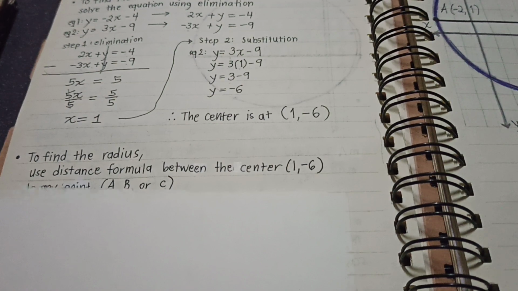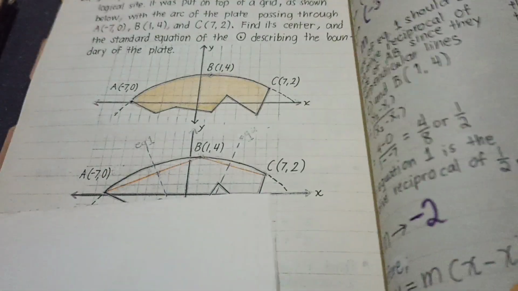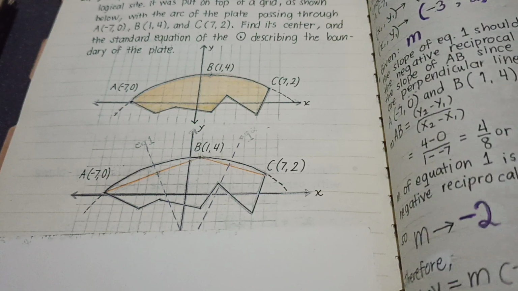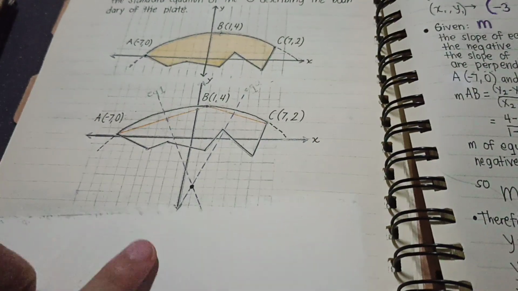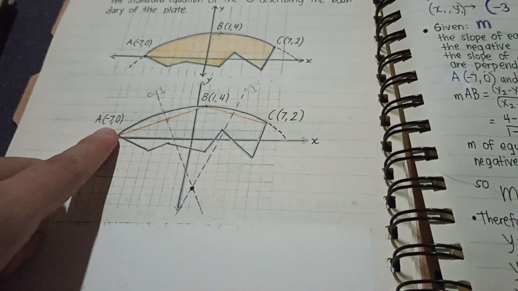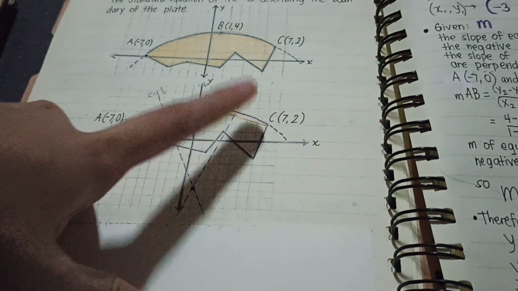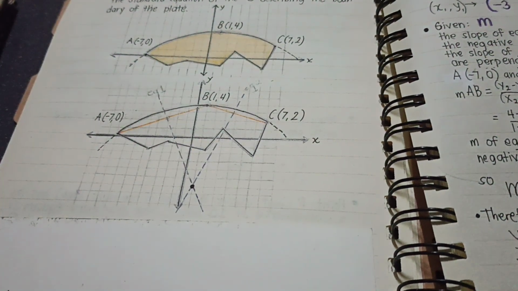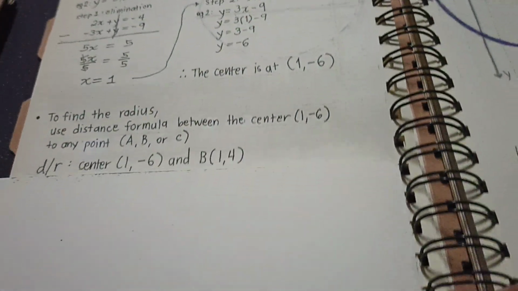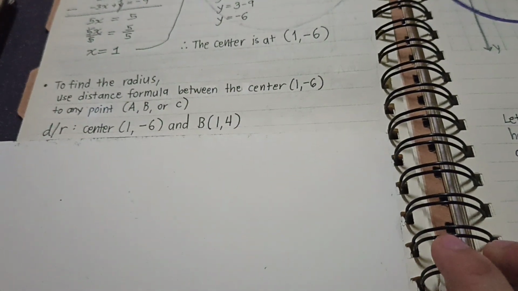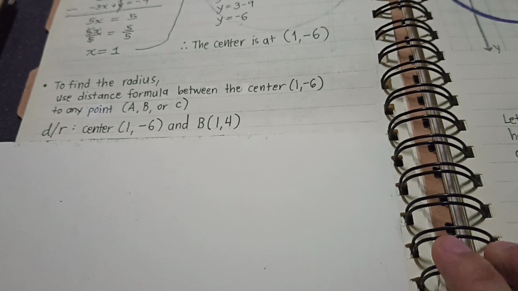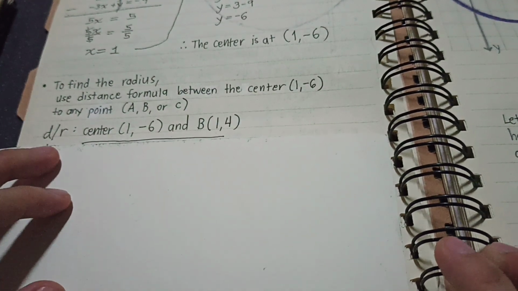Okay? So, if this one is the center, just choose any of the points A, B, and C to identify the radius. In that case, I used B. So, distance formula, there is a square root in the formula.